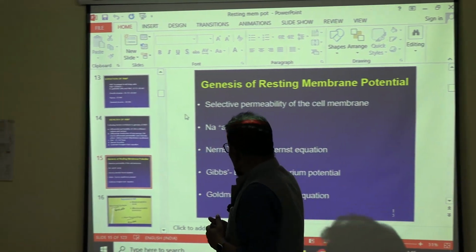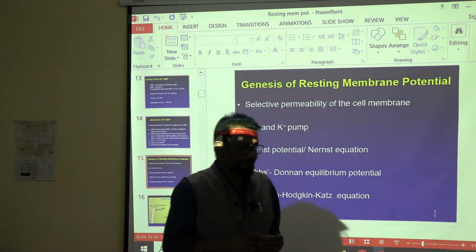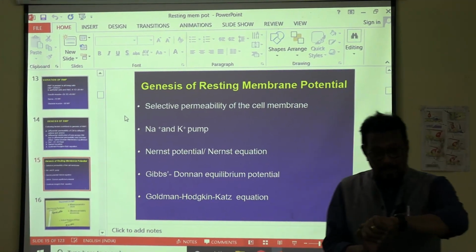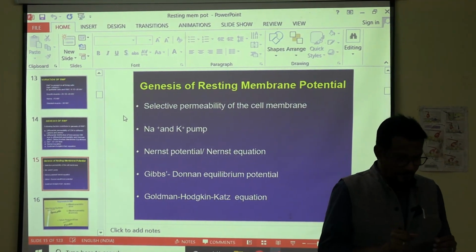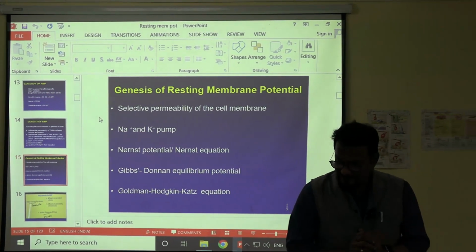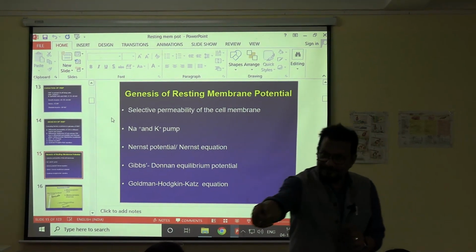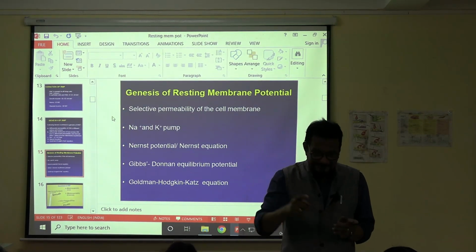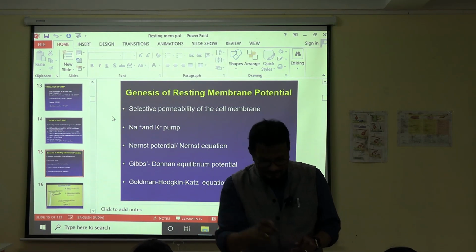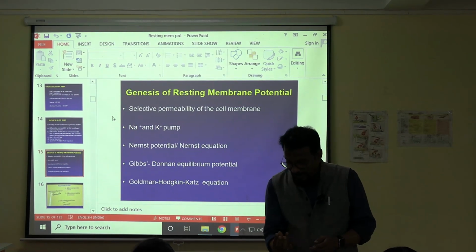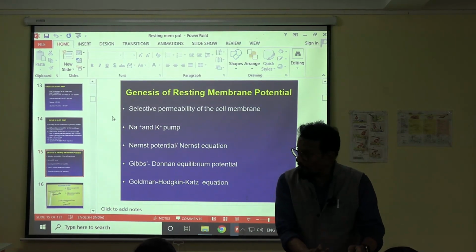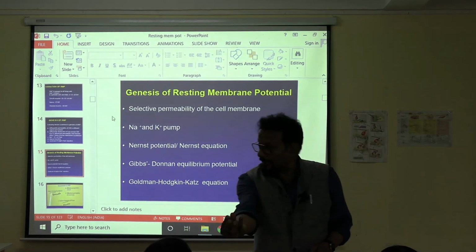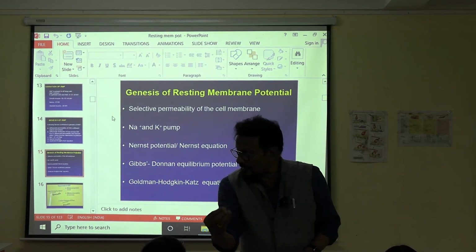Okay, now see, one point you try to understand. The size of sodium ion is less than the size of potassium ion. The atomic weight of the sodium ion is less, and the atomic weight of the potassium ion is more.